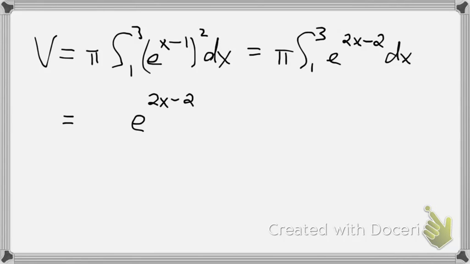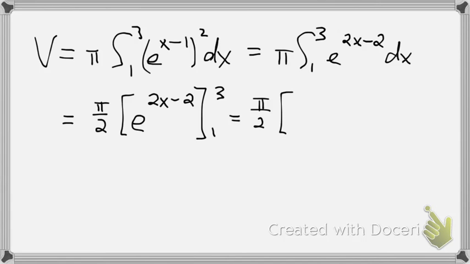So I got to reverse that. So what do we do? Divide by 2. So pi over 2, e to the 2x minus 2. That's the antiderivative going from 1 to 3. Is that all right? So if I plug in, that's e to the 6 minus 2, which is 4, minus e to the 2 minus 2, which is 0, right?